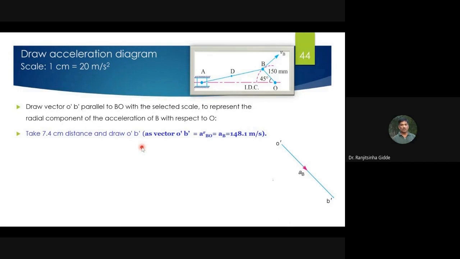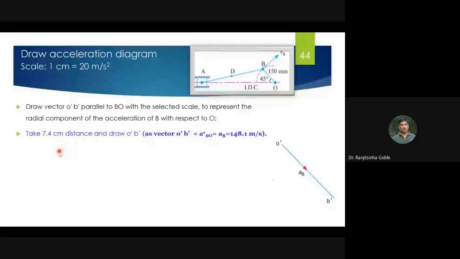So take 7.4 centimeter. When we are using this scale, whatever displayed by me on the slide, then there will be 7.4 centimeter distance. If you are going to take here 40, then here 3.7. If you are going to take here 10, then it becomes 14.8. That changes you need to do on your own as per your convenience.